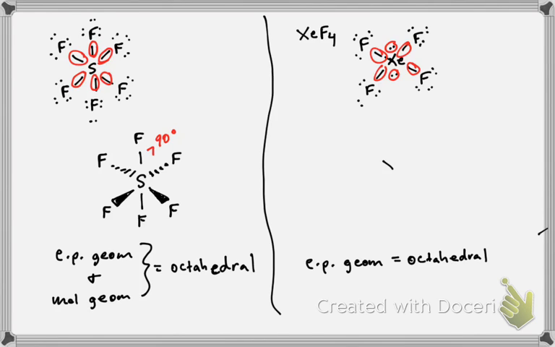So we'll go ahead and draw our outline. We've got 1 going up, 1 going down, 2 coming out at you, 2 going back into space. Okay, now we've got to make a decision as to where we want to put those lone pairs of electrons. And again, we have to think about these lone pairs really don't like being close to one another.